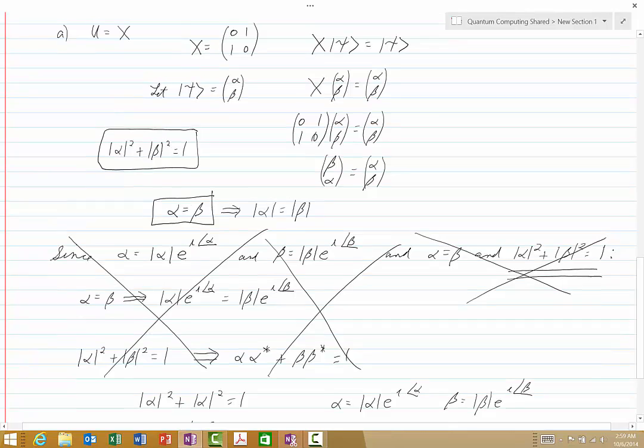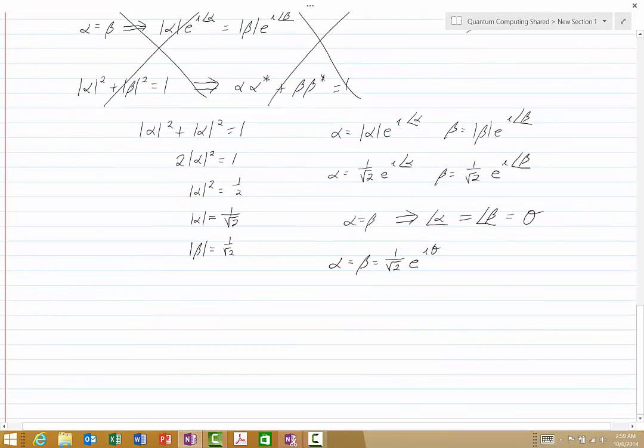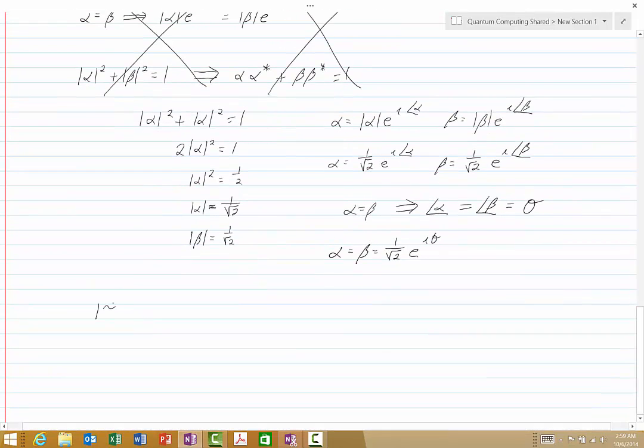So our state C is represented by the vector 1 over square root of 2 e to the i theta, 1 over square root of 2 e to the i theta.